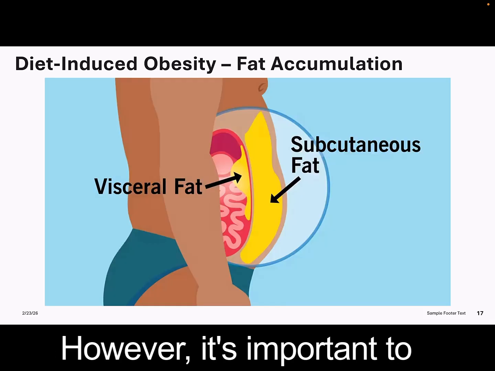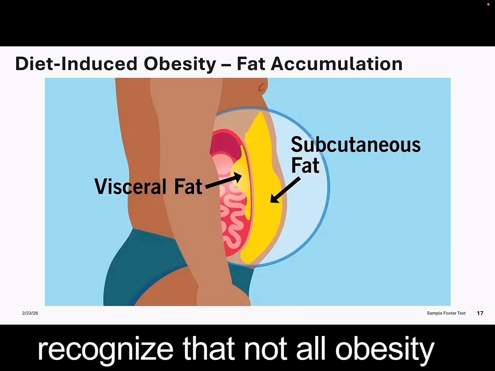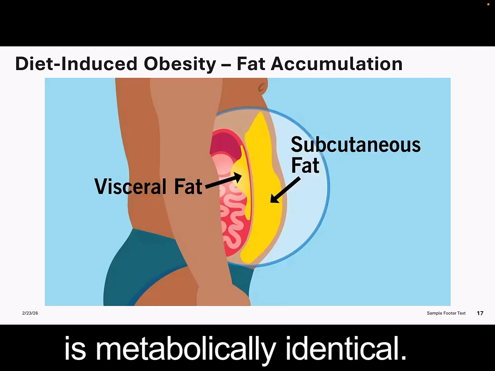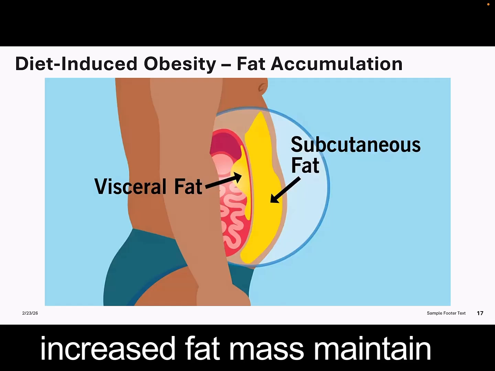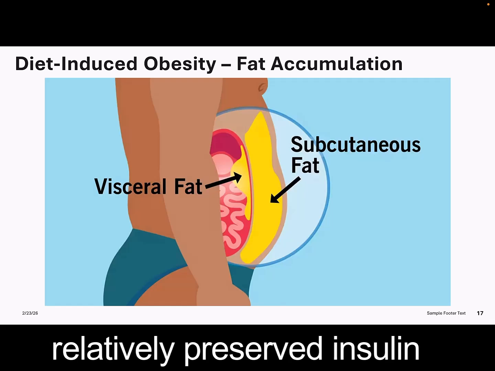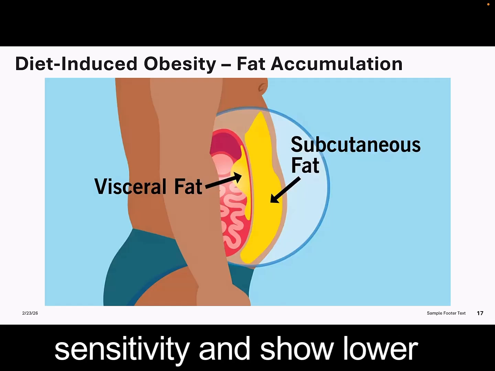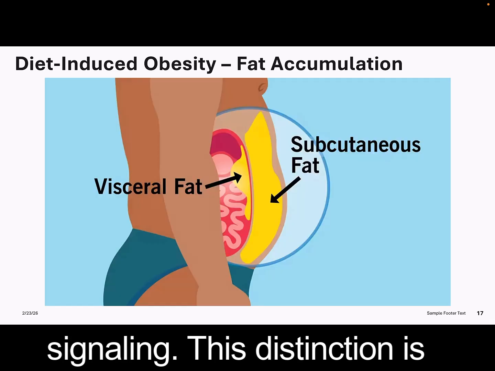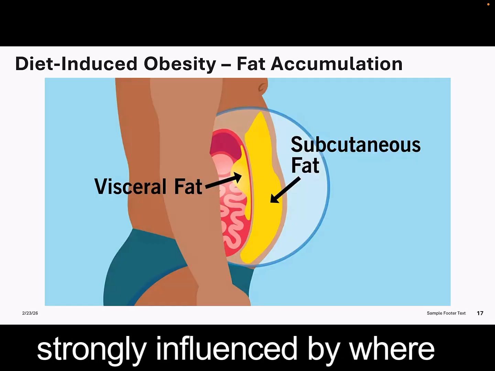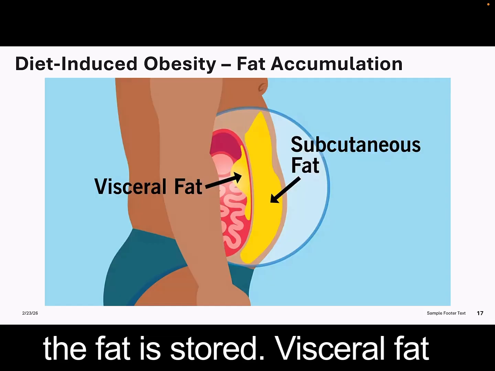However, it's important to recognize that not all obesity is metabolically identical. Some individuals with increased fat mass maintain relatively preserved insulin sensitivity and show lower levels of inflammatory signaling. This distinction is strongly influenced by where the fat is stored.